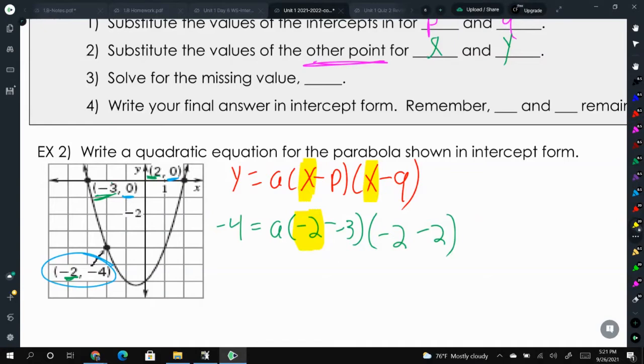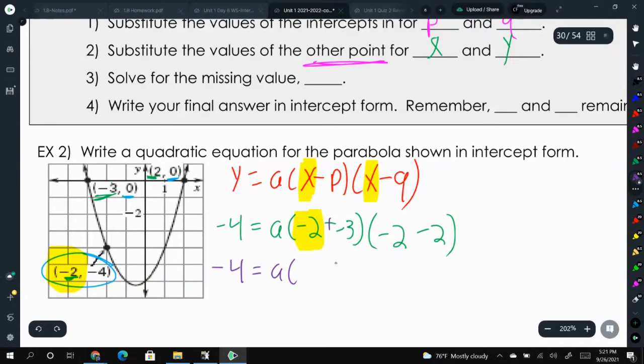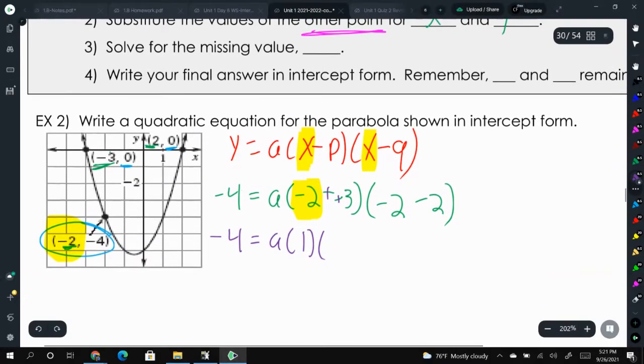I always will evaluate it by plugging in the same number for all the x's. So now we can go over and solve this. So negative 4 equals a times, those change to pluses, so negative 2 plus 3 is 1. Negative 2 times negative 2, negative 2 minus 2 is negative 4.